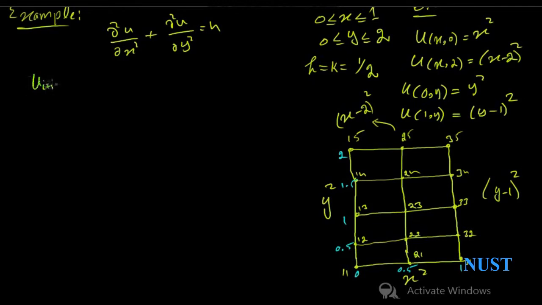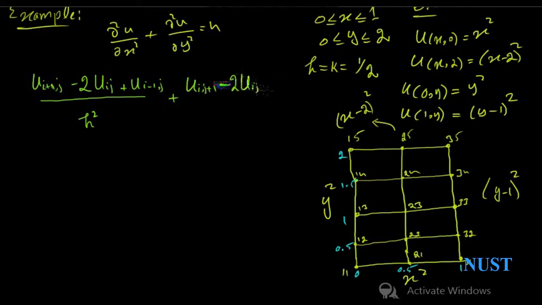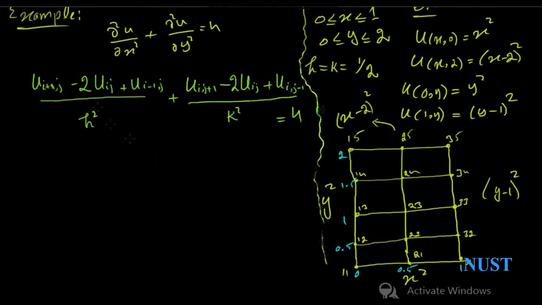Now going back to the given partial differential equation, use the central divided difference formula in the xy coordinates. H is for the step size in the x direction. K is for the step size in the y direction. In this case, as they are equal, they can be cancelled out.